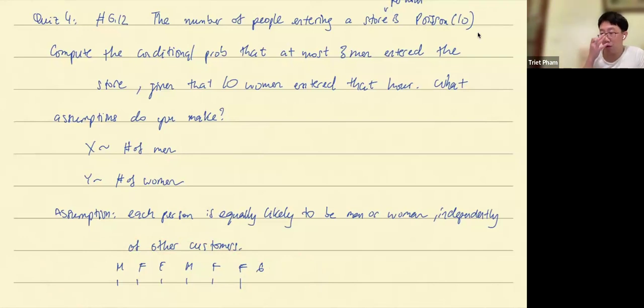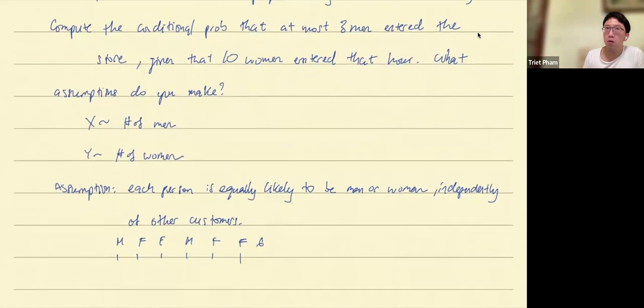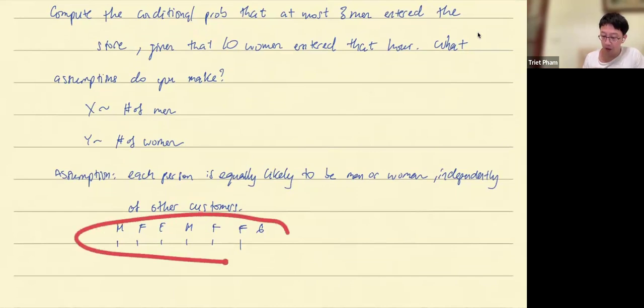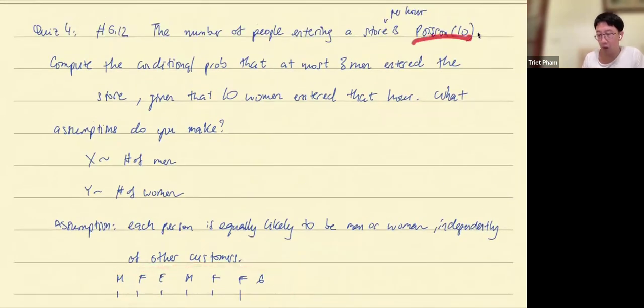Case in point, if you're so confident, are you sure the answer remains the same if you change this from Poisson to a geometric random variable, or a hypergeometric, or a binomial, or a negative binomial? You understand what I'm trying to say? Say people entering the store according to a geometric random variable. That sounds pretty weird, but who knows?